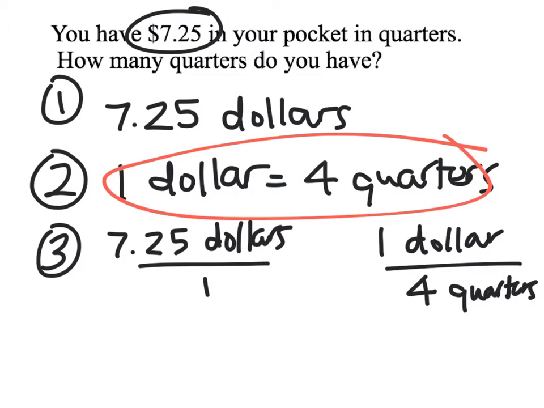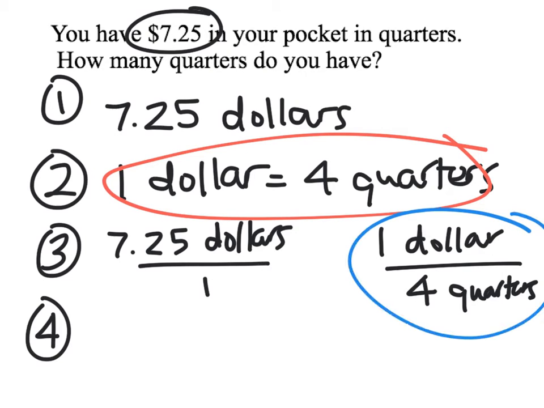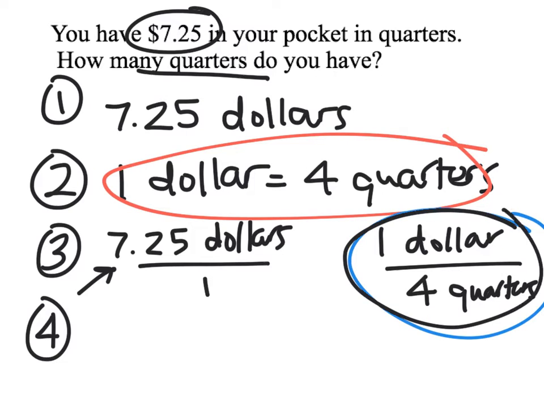Okay. Step number 4 now says to rearrange the fraction of the conversion factor, so this guy, so that units cancel. So what do I mean by that? Well, here we began with the unit of dollars. I want an answer in quarters, so I want to get out of the unit dollars. In order for me to do that, my only option is to flip this conversion factor so that dollars can cancel out and be in the denominator.